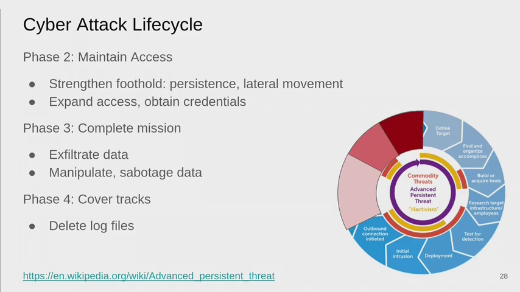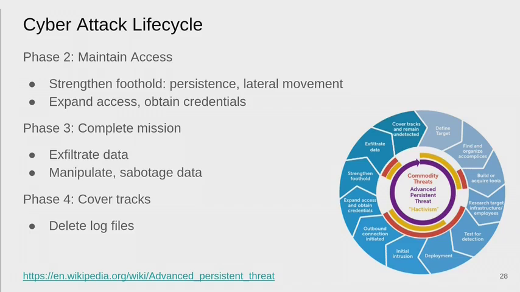So phase 2 is maintaining access and spreading your access a bit, followed by completing the mission, where you try to exfiltrate data, manipulate or sabotage data, encrypt all the files. That's phase 3.